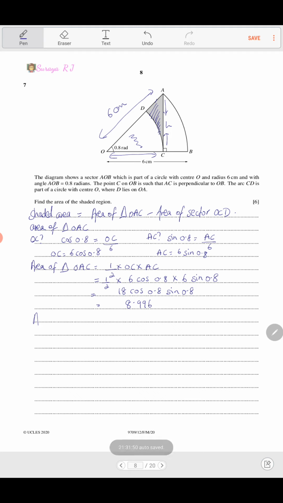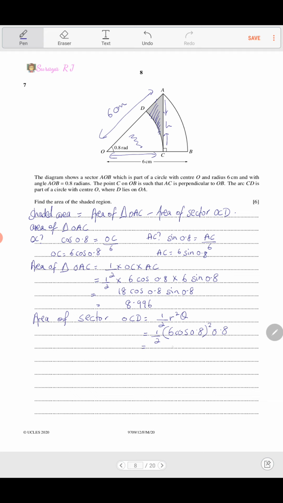Now for area of sector OCD. For an area of sector, it is half r squared theta. So this is the formula. Now the radius of sector OCD is the radius OC. So OC, we know it is 6 cos 0.8, squared, times the angle here, 0.8.